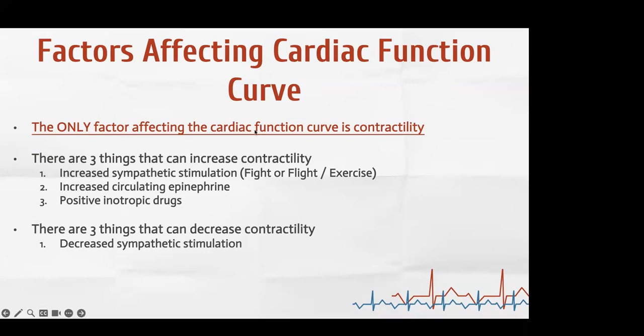The increase in contractility is only caused by increased sympathetic stimulation or inotropic drugs. And it all leads back to sympathetic stimulation, by the way. Epinephrine increases sympathetic stimulation. Positive inotropic drugs increase sympathetic stimulation. That's why they increase contractility. It has to be something that has to do with the sympathetic nervous system.